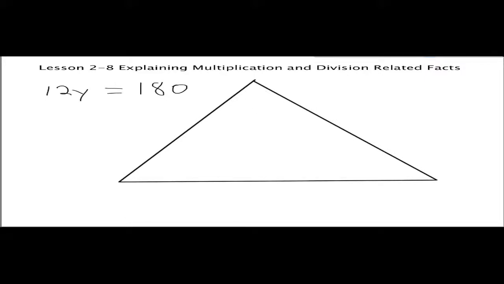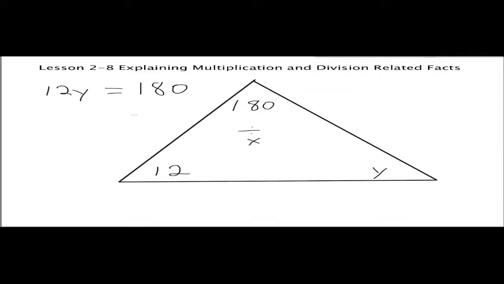Easy enough to do. The product goes at the top, 180. We have division, we have multiplication, and it was 12 times y. 12 times y equals 180.